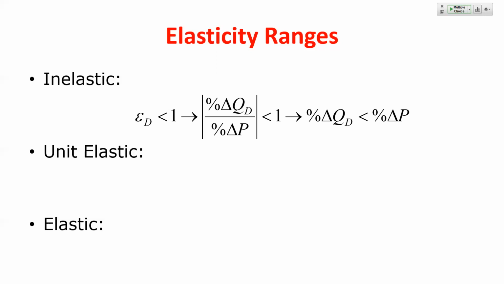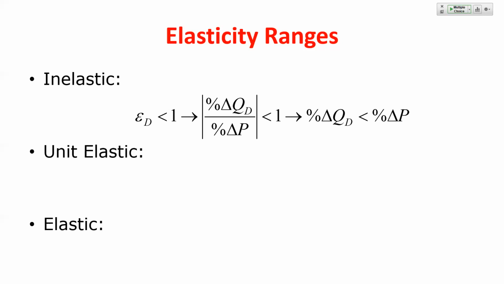Whenever the percent change in quantity demanded is less than the percent change in price. Right? This is what I have over here. And this makes sense because if I have really large percent changes in price, let's say the percent change in price was 100, percent change in quantity demanded was only -20, right?